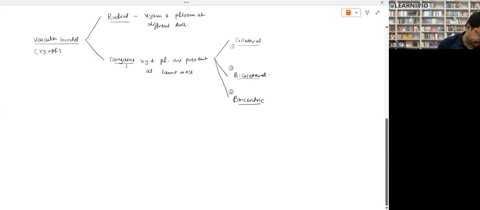Vascular bundles are made up of vascular tissues, xylem and phloem.